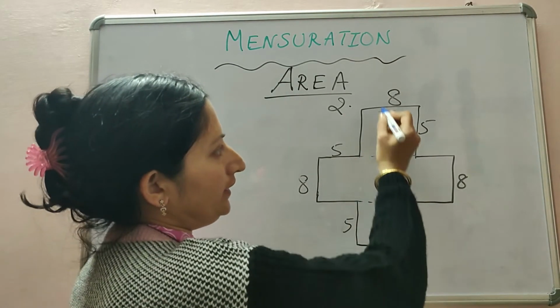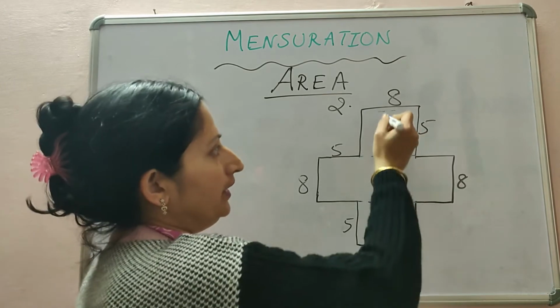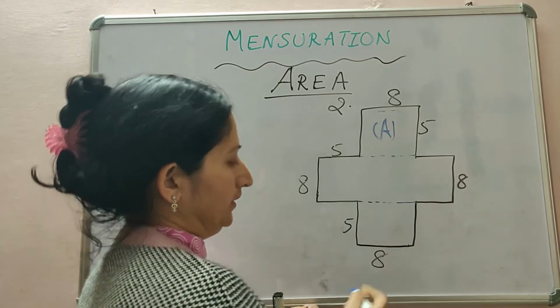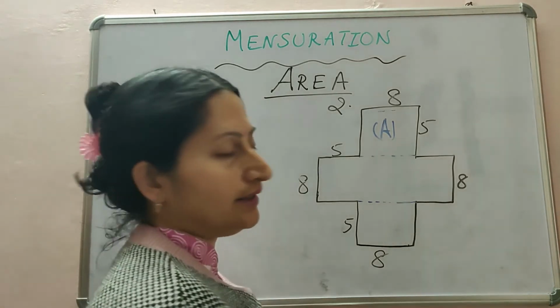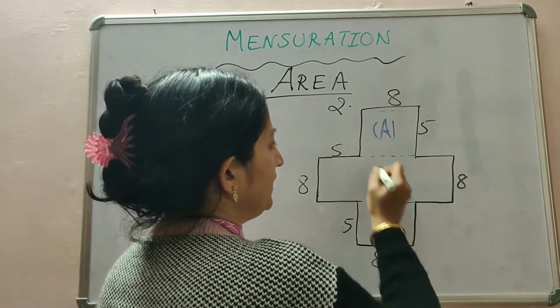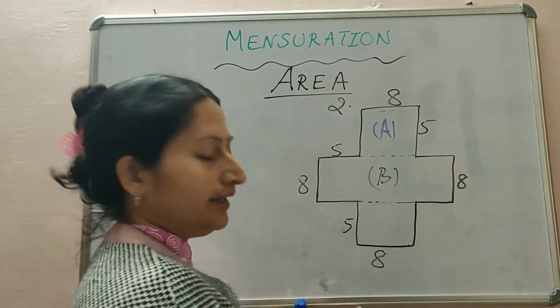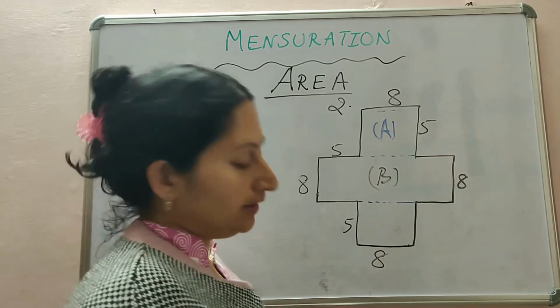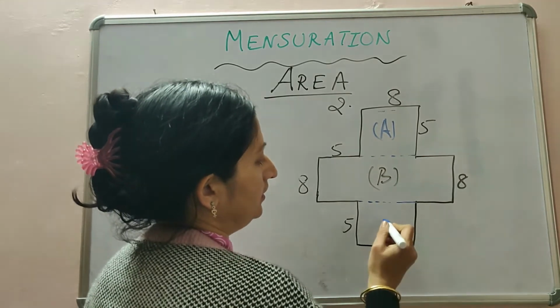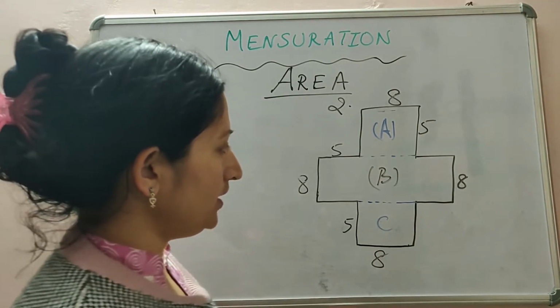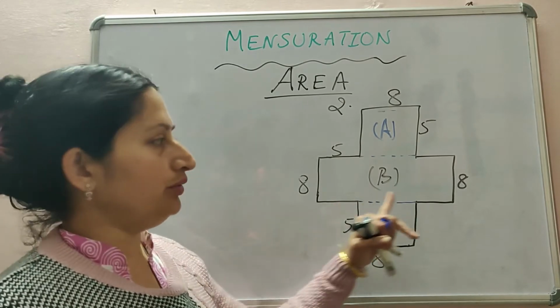Here is one rectangle that we can mark as A, another rectangle in the center that we can mark as B, and the third one that we can mark as C. Okay students, so let's see how to calculate this.